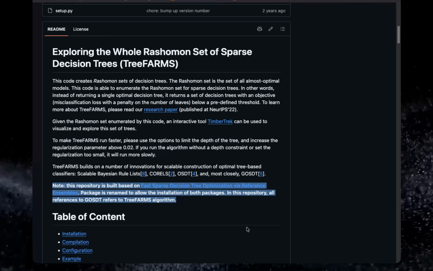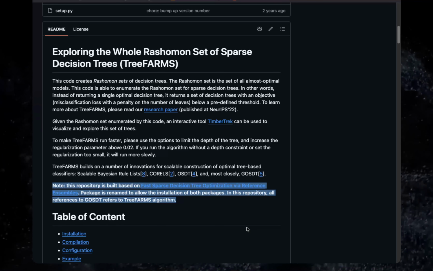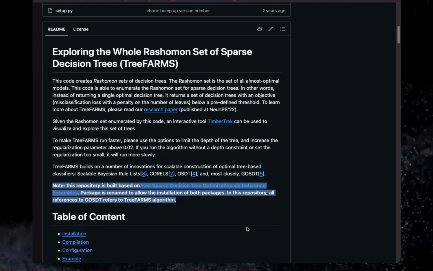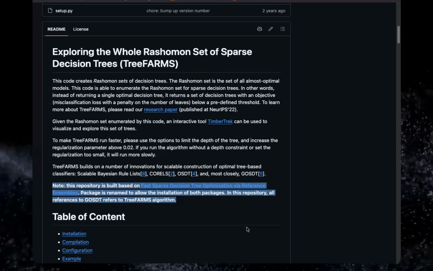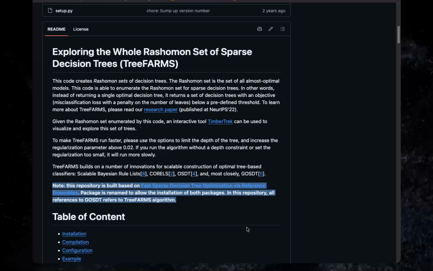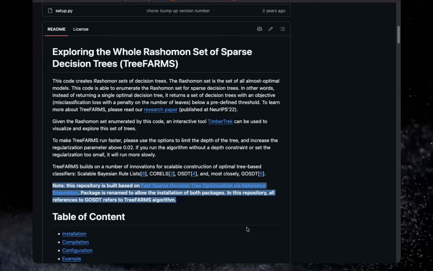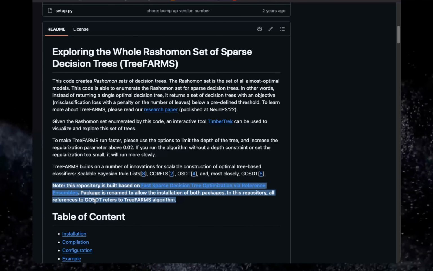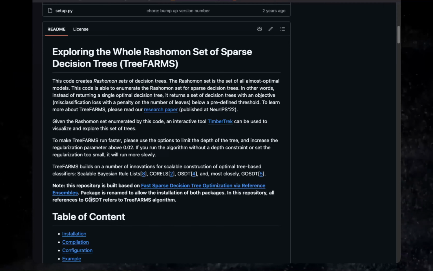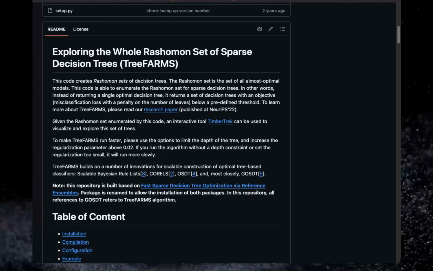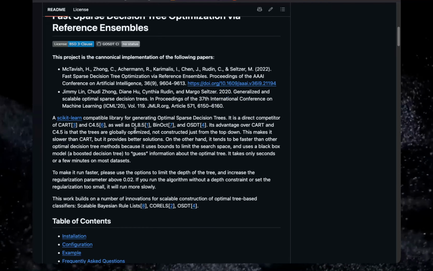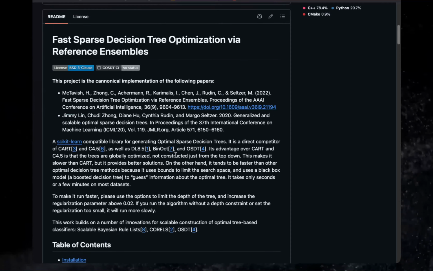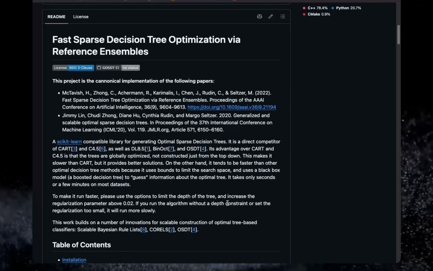They built it on top of an existing package, and the algorithm that they introduced in this particular paper, well, they just replaced the actual algorithm. It's using the same name. It's using GOSDT, which is a global optimal sparse decision tree, and this is a reference paper that implements GOSDT.